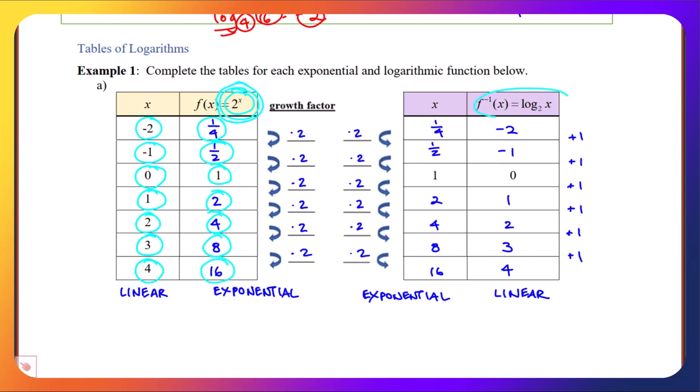If we reverse the x and y, which is what we mean when we talk about inverse functions, the exponent of 2 that gives you 1/4, that exponent is -2. The exponent of 2 that gives you 1/2, that exponent's -1. And so this is the number, this is the exponent. This is the number, this is the exponent. In both cases, we are multiplying.